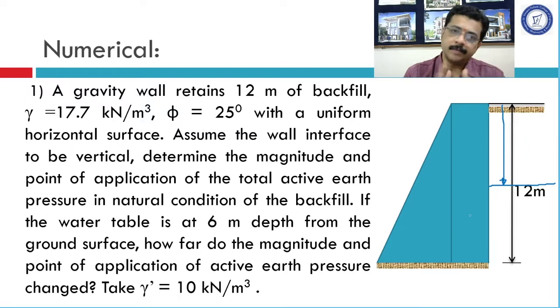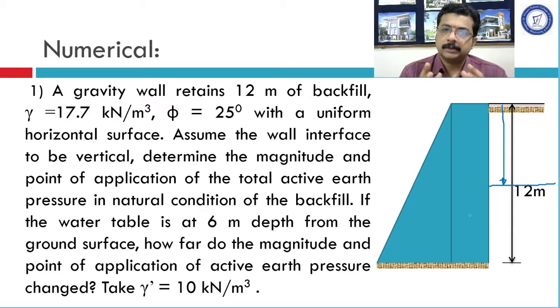So what will be the simple approach for the solution? The simple approach will be, first we have to find out coefficient of active earth pressure. Second, we will be finding out total active earth pressure in case of natural condition without considering the water table. Let us say it is the dry condition. Thereafter we will locate the point of application of this total active earth pressure in condition 1.